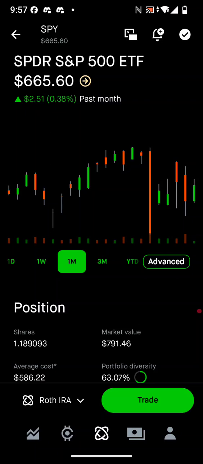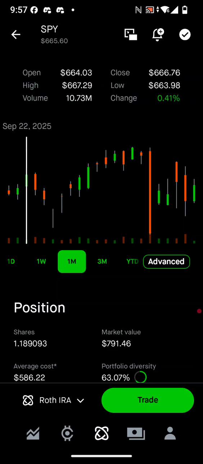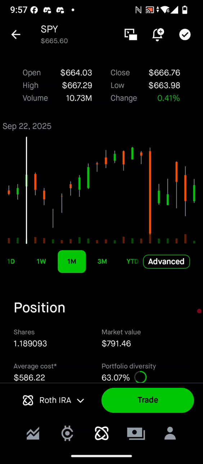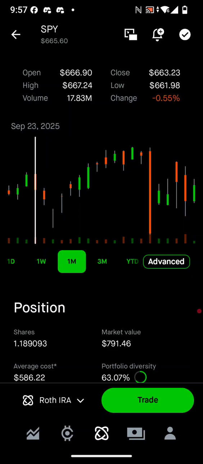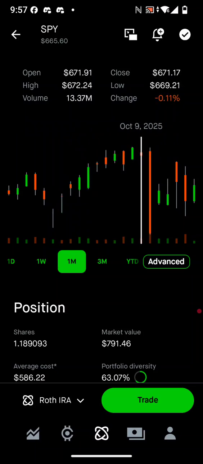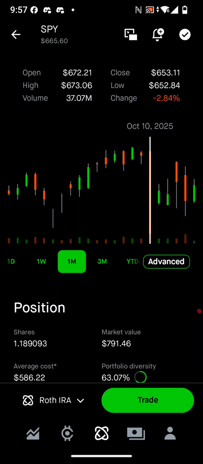The next thing I want you to understand about candlesticks is that they tell a story. So look at each one of these candlesticks on the day chart: the 18th, the 19th, the 22nd, the 23rd, all the way to the 10th of October. Y'all see this big red candle right here on the 10th of October?